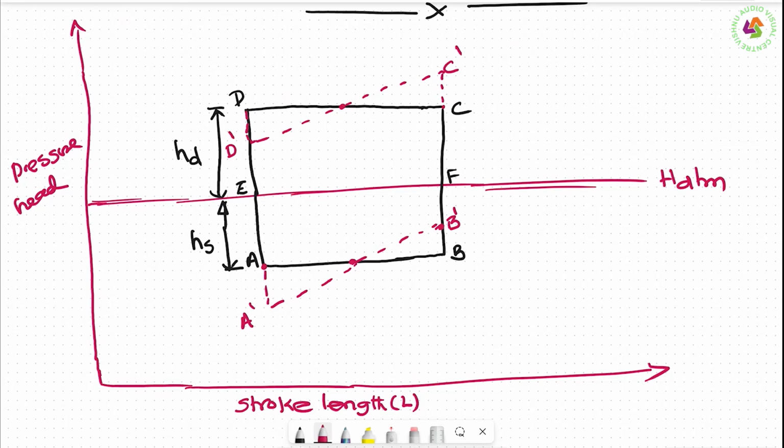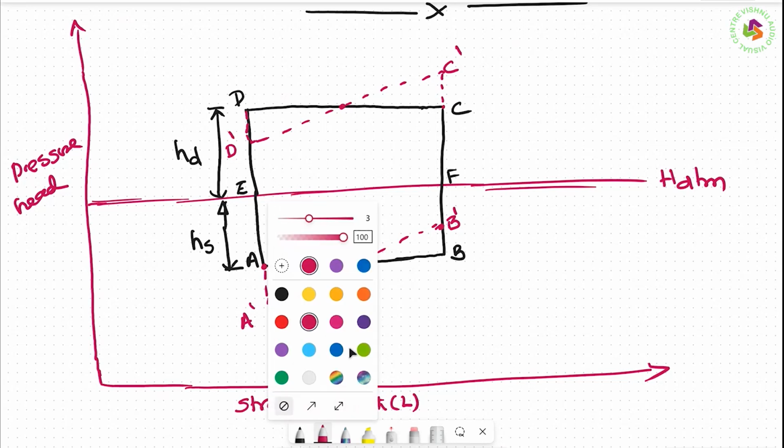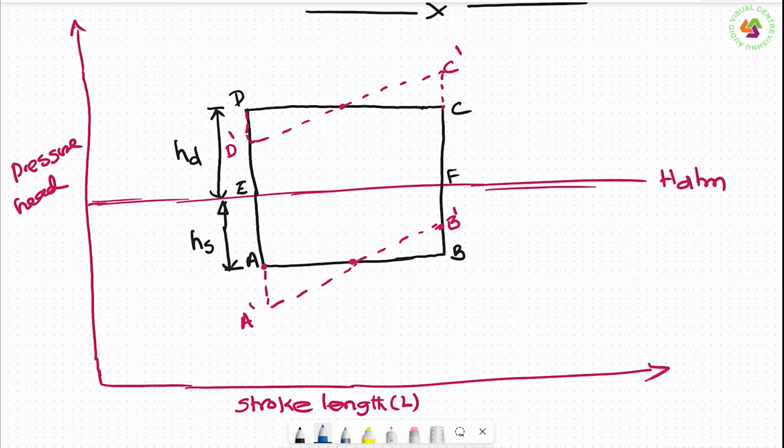But the area of the indicator diagrams ABCD and A dash B dash C dash D dash are both the same. Next, I superimpose on this what I call the friction. This is how it is.